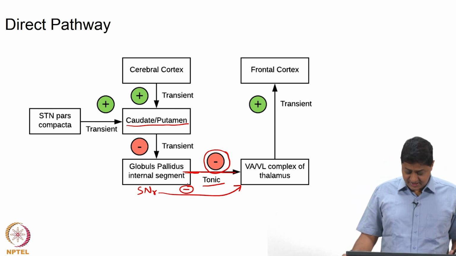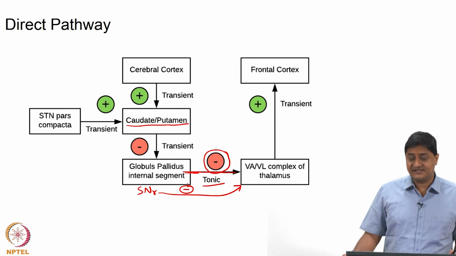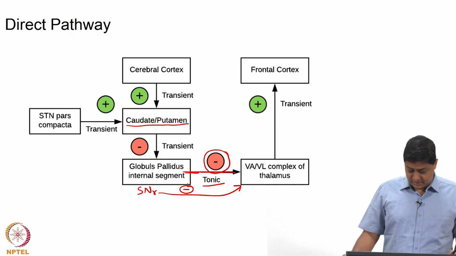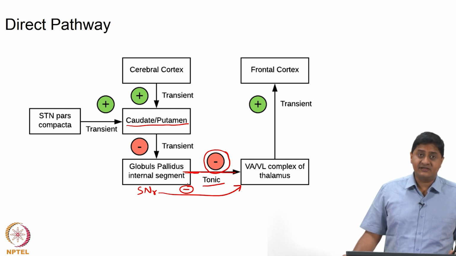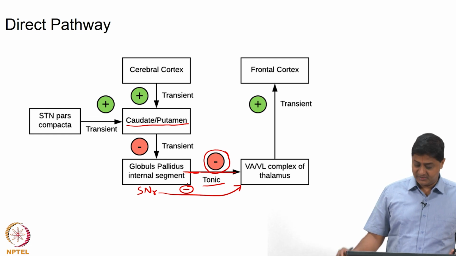Basically this defines an important aspect of basal ganglia function, that is, the globus pallidus internal and the substantia nigra pars reticulata contain neurons that are tonically inhibiting the thalamocortical or the output neurons. Tonically means what?